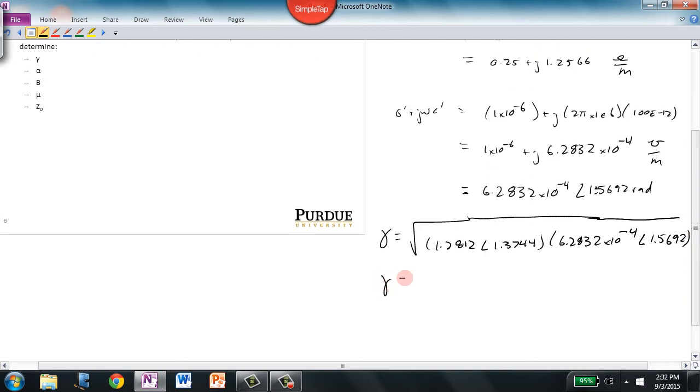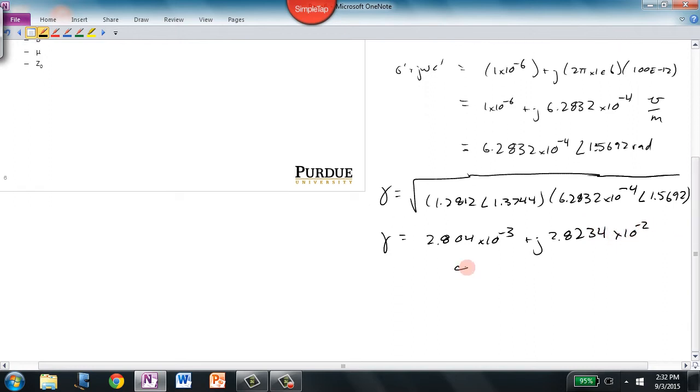And that gives us a complex propagation constant of 2.804 times 10 to the minus 3 plus j 2.8234 times 10 to the minus 2. This here is alpha in Nepers per meter, and this here is beta in radians per meter.